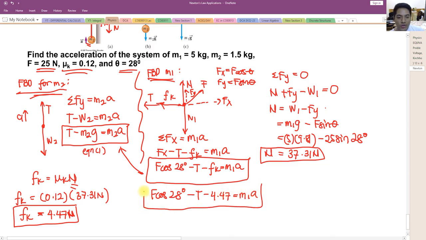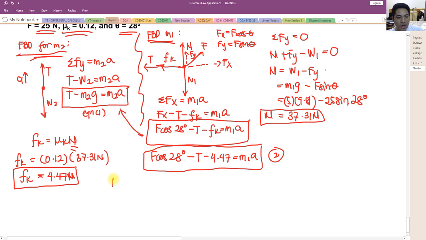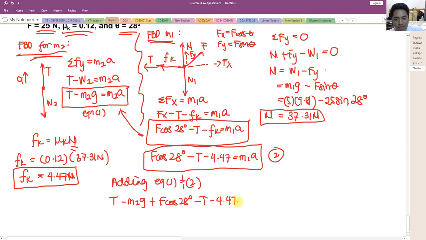This will be our equation 2. If we add equation 1 and equation 2, we now have T minus m2g plus F cosine 28 degrees minus T minus 4.47 equals m2a plus m sub 1 a.